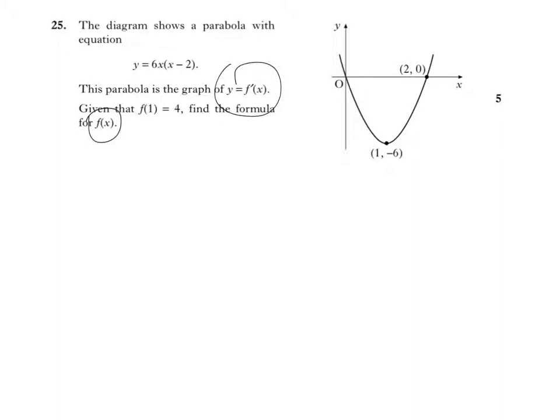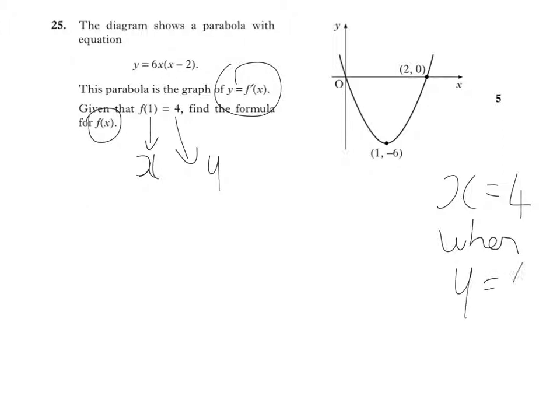What we know is that when we sub in an x value of 1, we'll get a y value of 4. That's going to allow me to find the constant of integration when I integrate.